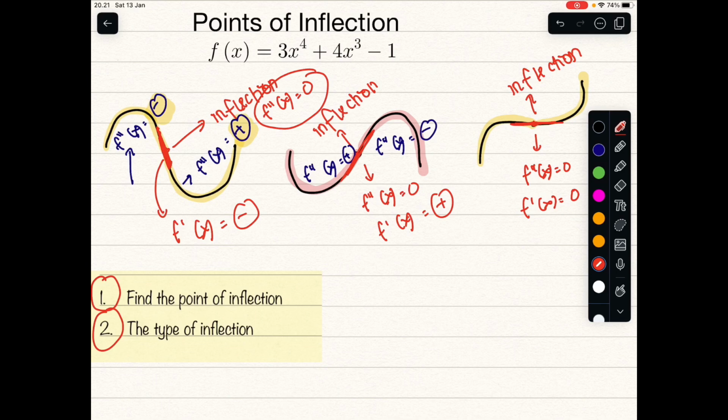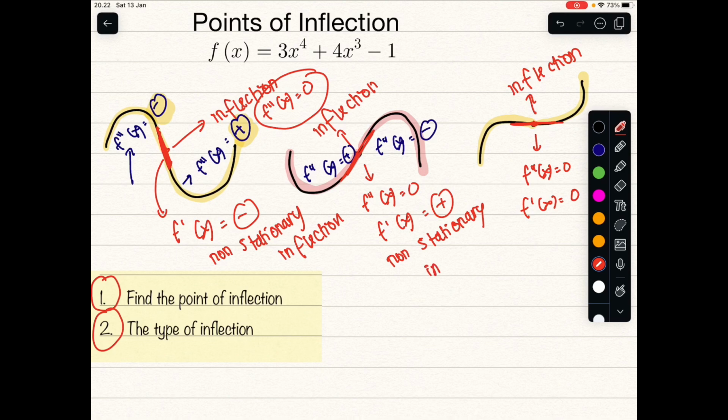Okay? Now, I'm still going to introduce you to another terminology. When the inflection point is at a line that's going down or going up, then we call it non-stationary inflection. So both the left and the one in the middle, they're both non-stationary inflection.